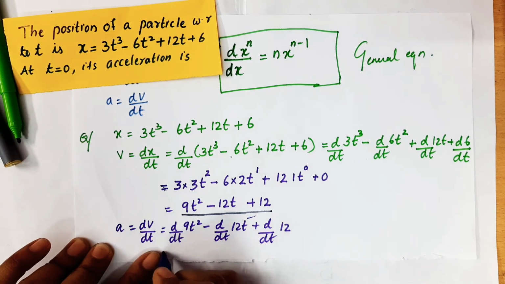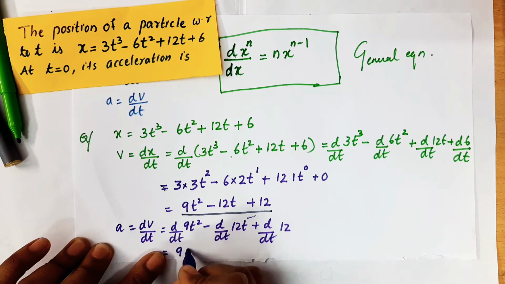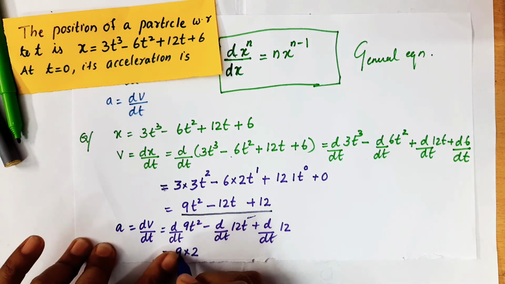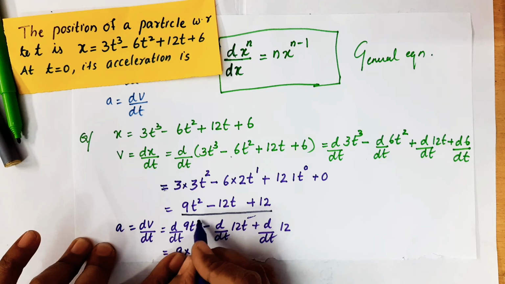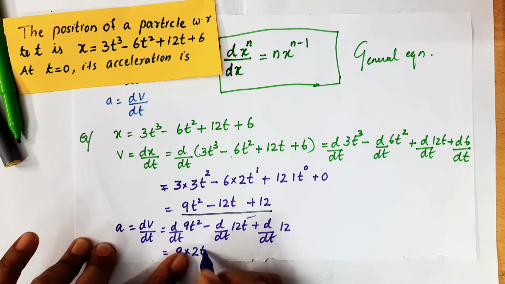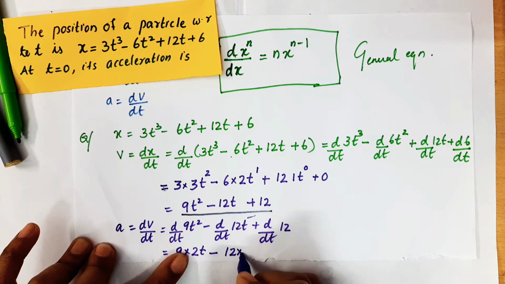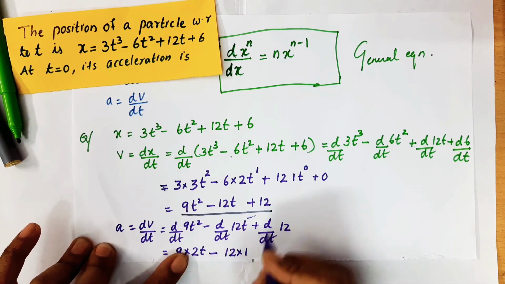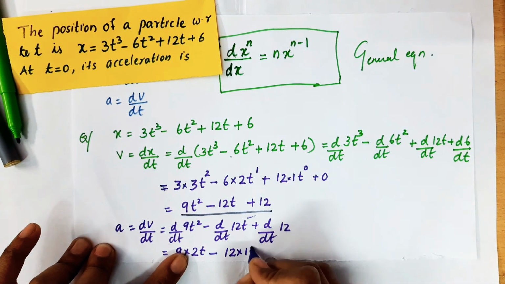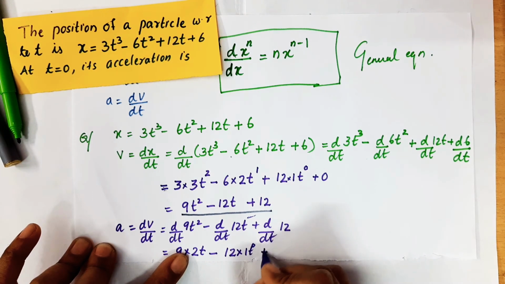Can you tell me what this is? 9 into 2, 9 is constant, t square, power is 2. So 2t power 2 minus 1, minus 12 into 1 into t power 0, plus 0.